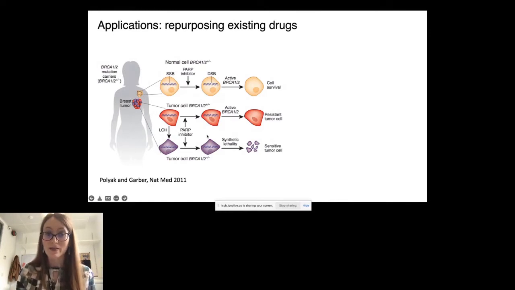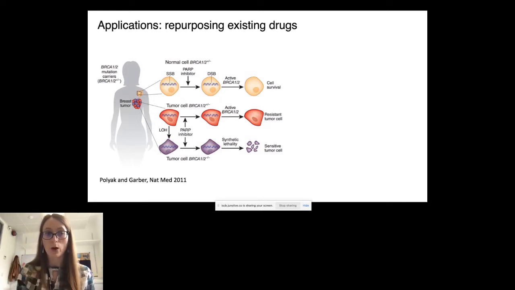So then the cells are not able to repair the double-strand breaks anymore, and so it leads to synthetic lethality, and you can kill the cancer cells. So these PARP inhibitors have actually been proven to be really successful in a variety of contexts where you have this type of deficiency, which is called homologous recombination deficiency.